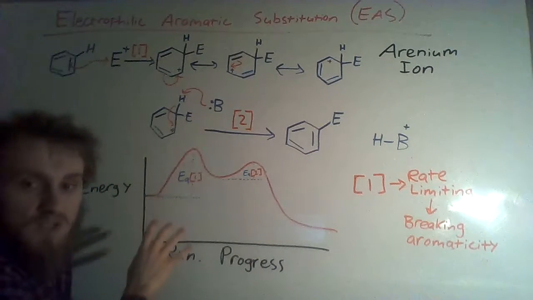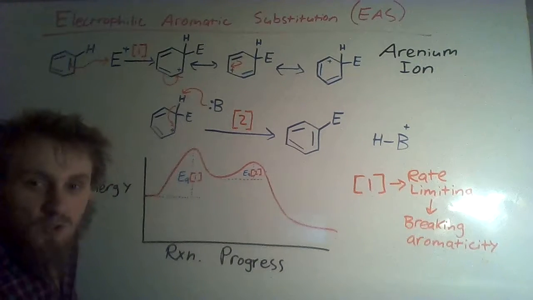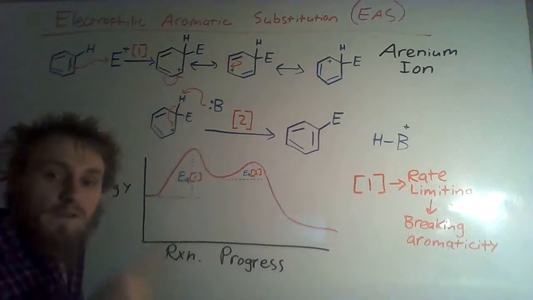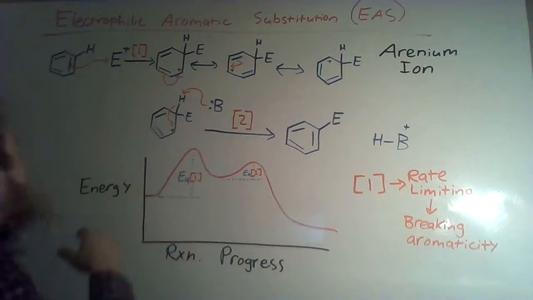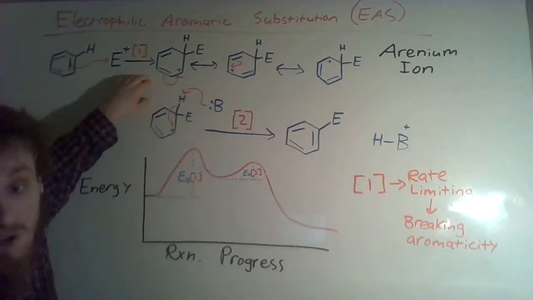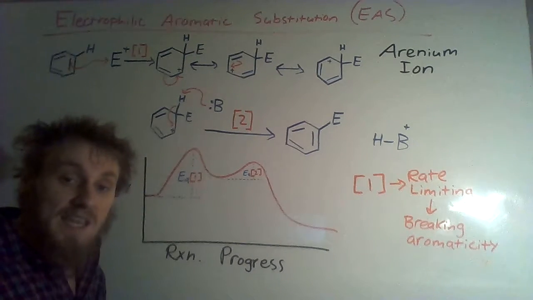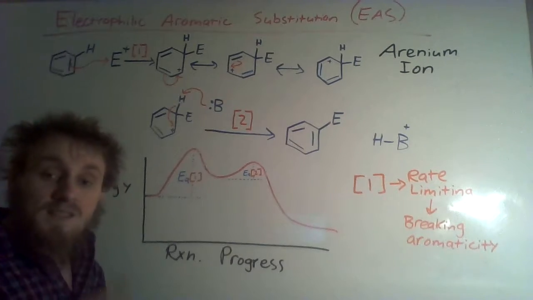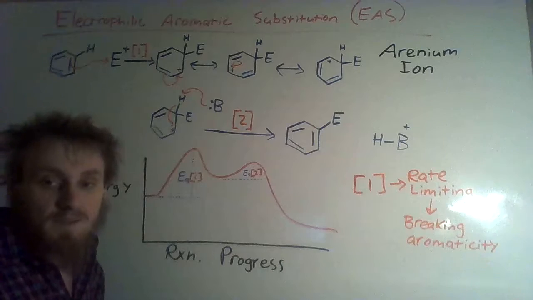So why are these energy barriers here? And really, why is this first one in particular so large? Remember, in the first step, you are breaking aromaticity. You have something that's aromatic, and it becomes something that is no longer aromatic. Aromatic compounds tend to be very, very stable. So because in step 1 you're breaking aromaticity, that takes a lot of energy.